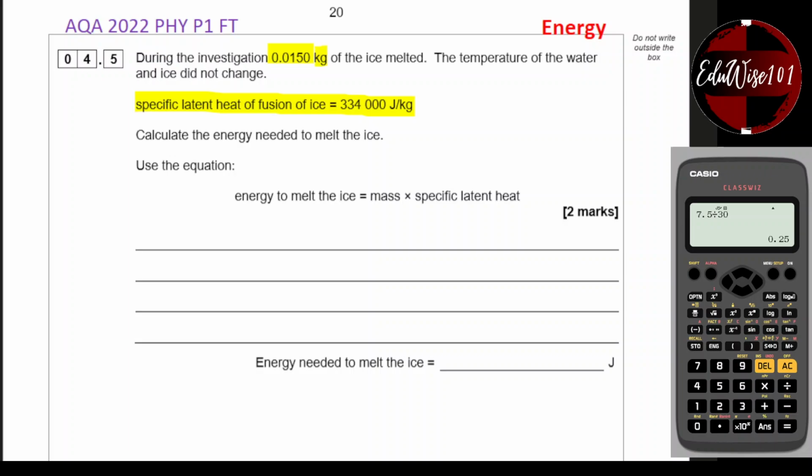Calculate the energy needed, and they have given you the equation. Energy to melt the ice equals the mass multiplied by the specific latent heat. So the mass is given here, which is 0.0150, multiplied by the specific latent heat, which is 334,000.